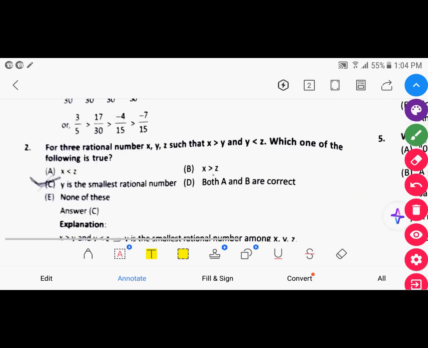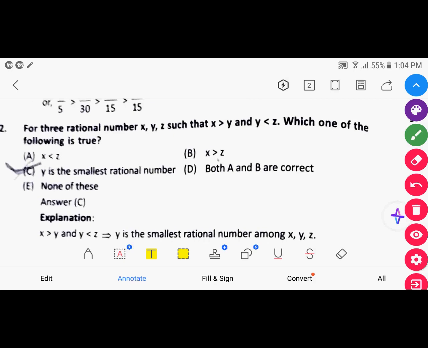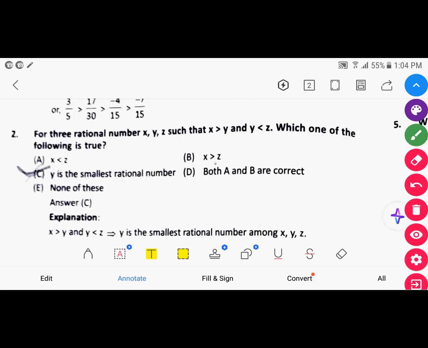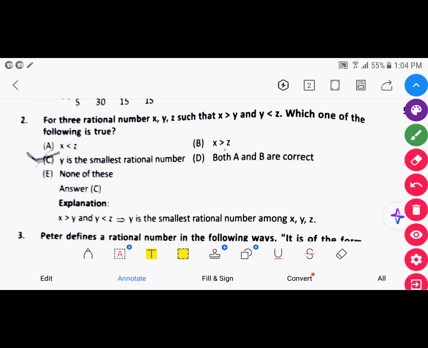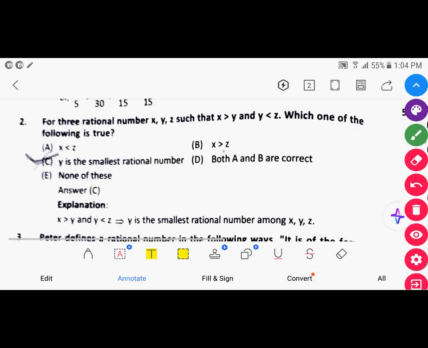Now if for three rational numbers x, y, z, such that x is greater than y and y is lesser than z, which one of the following is true? So y is the smallest rational number, it is true. Because we don't know whether x is less than z or not.